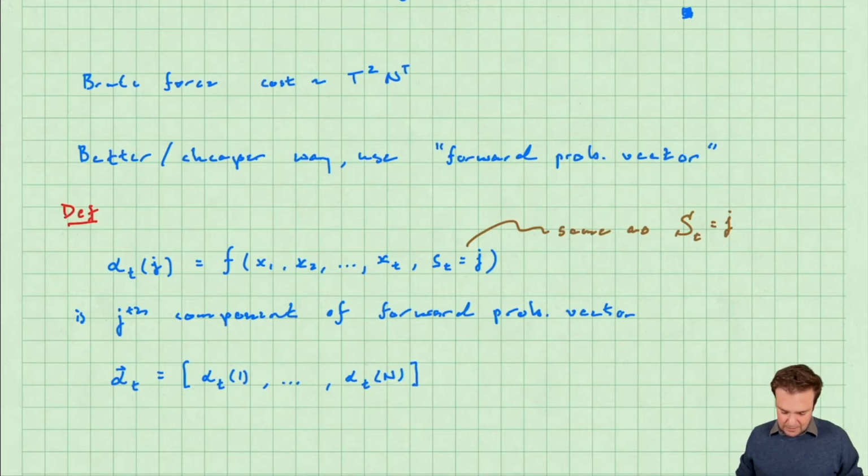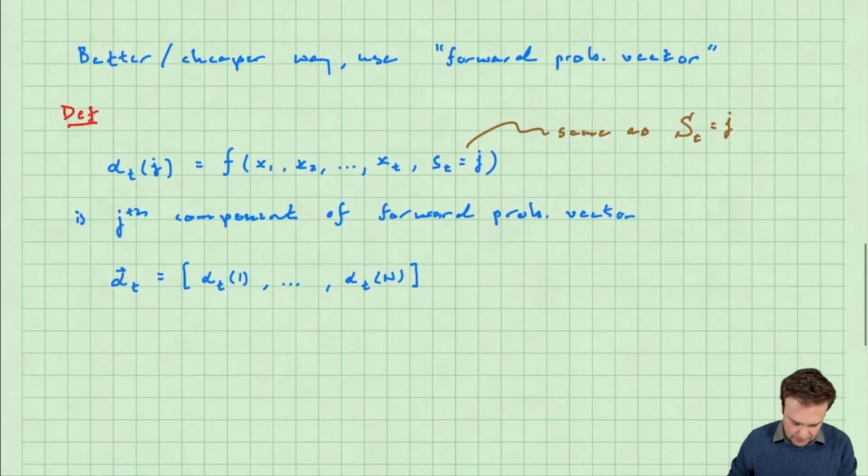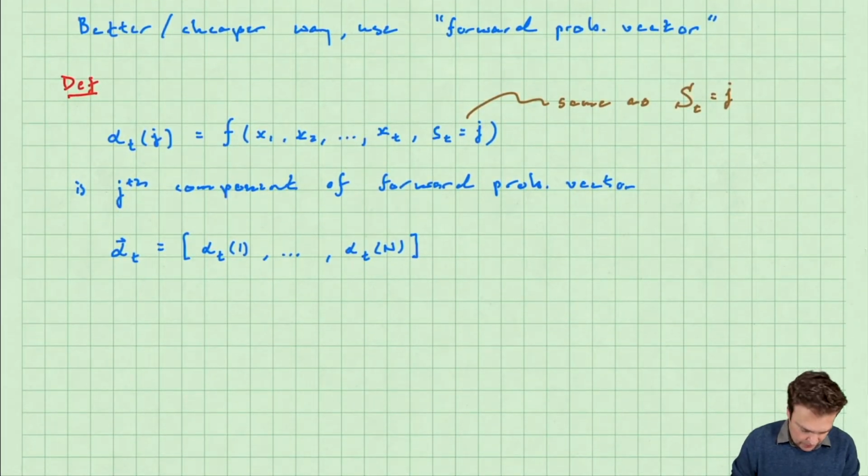So it has n components altogether if the Markov chain has n states. So let's take a look at that cheaper way to calculate things. So we'll write it as a proposition, of course, and we'll name this one the hidden Markov model forward algorithm.